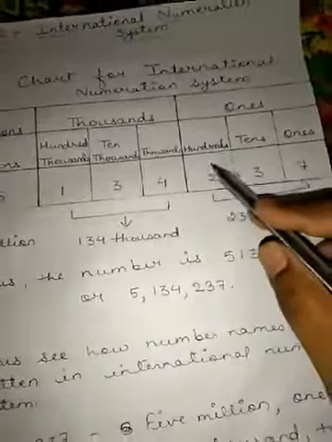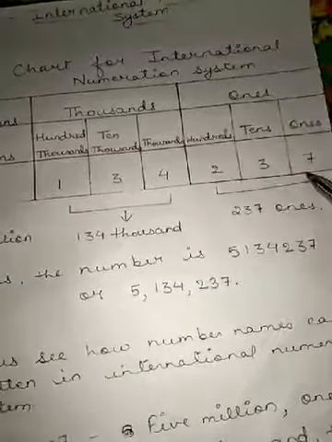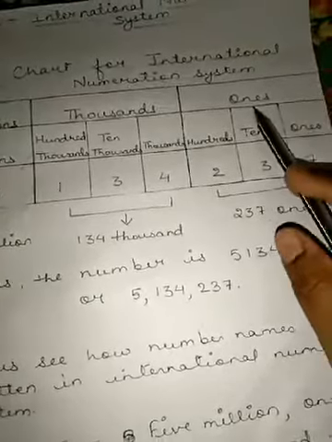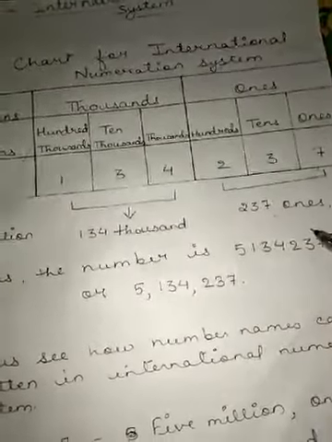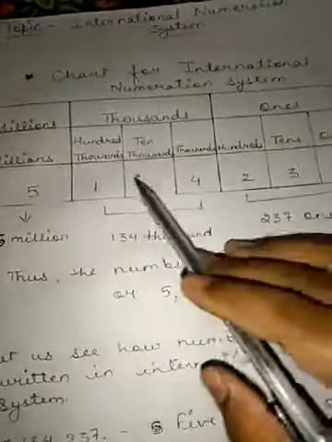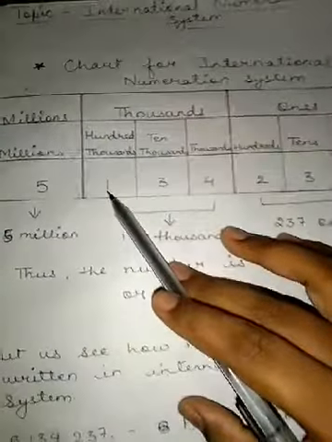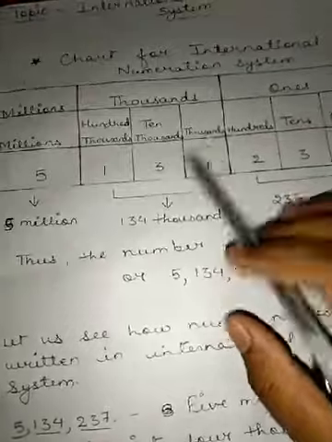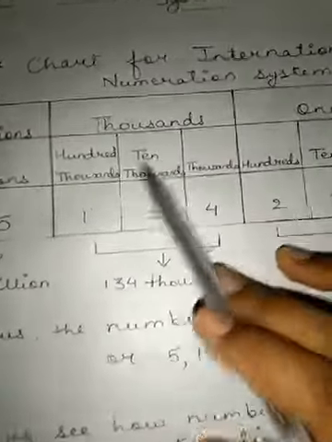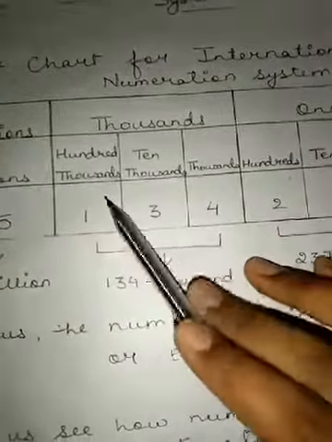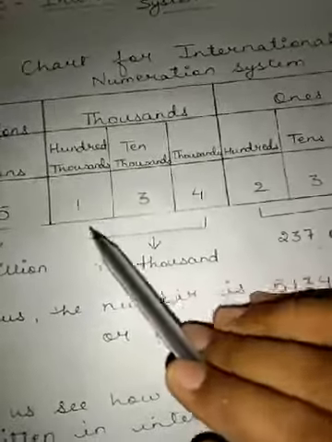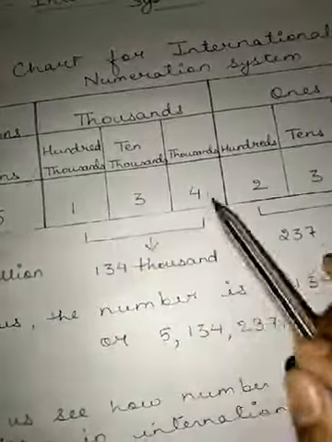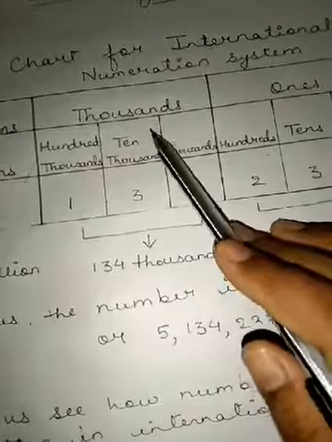First, 2, 3, 7 is ones, because it is the number of the ones period, so these numbers come in ones. Now in the second period, 1, 3, 4 is given. 4 is of thousands, 3 is of 10,000s, and 1 is of 100,000s. So these three numbers come in the thousand period.